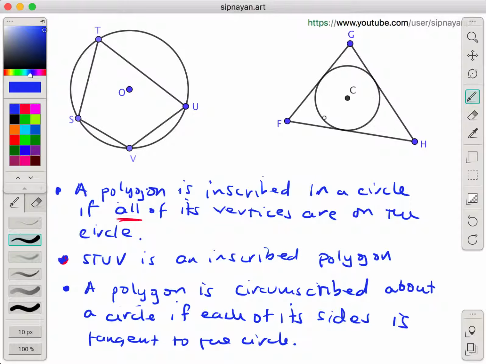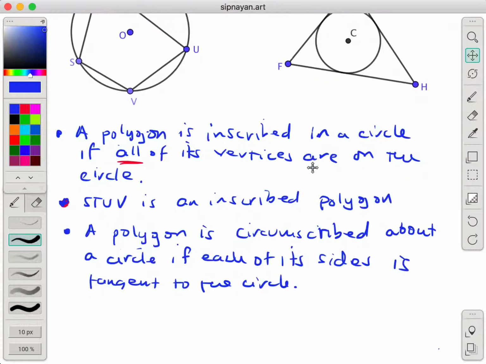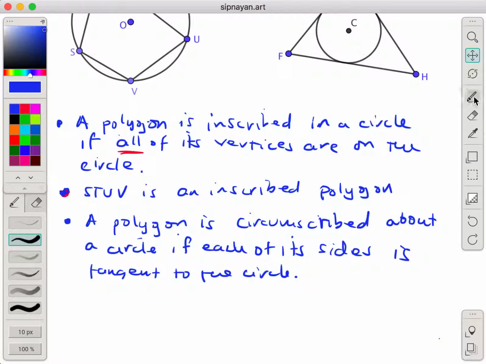So, therefore, FGH is a circumscribed polygon.